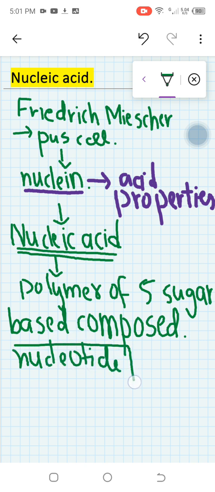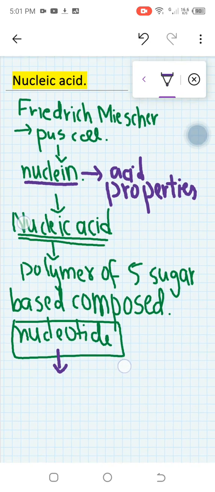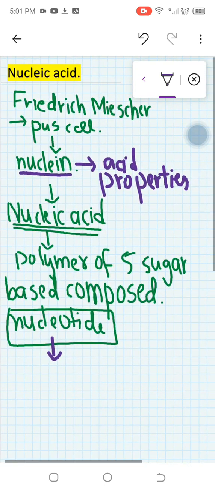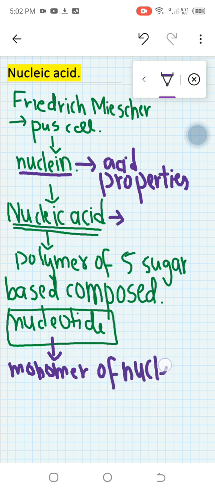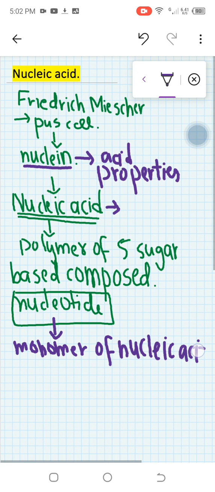So now you might be thinking what actually this nucleotide is. This nucleotide is the monomer of nucleic acid, and this nucleotide has 3 basic components.